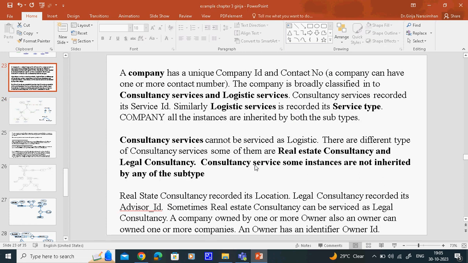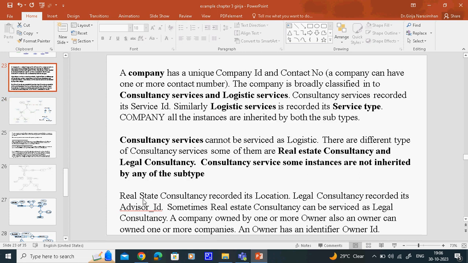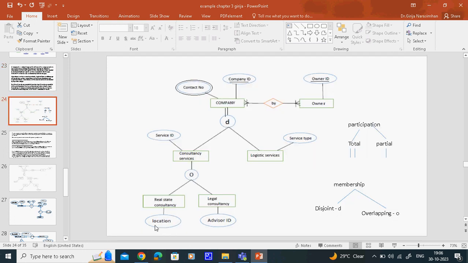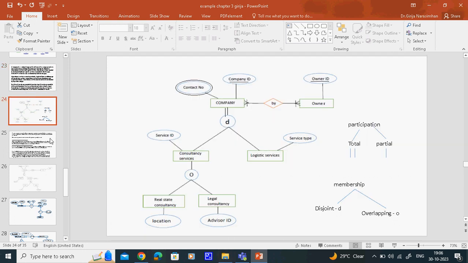In this case, we call it partial. So for consultancy service, some instances are not inherited by any of the subtypes. These two entities never take some records. Here we can see another one. The real estate consultancy record is location. And the legal consultancy record is advisor ID. Maybe we can underline it also as a key identifier.